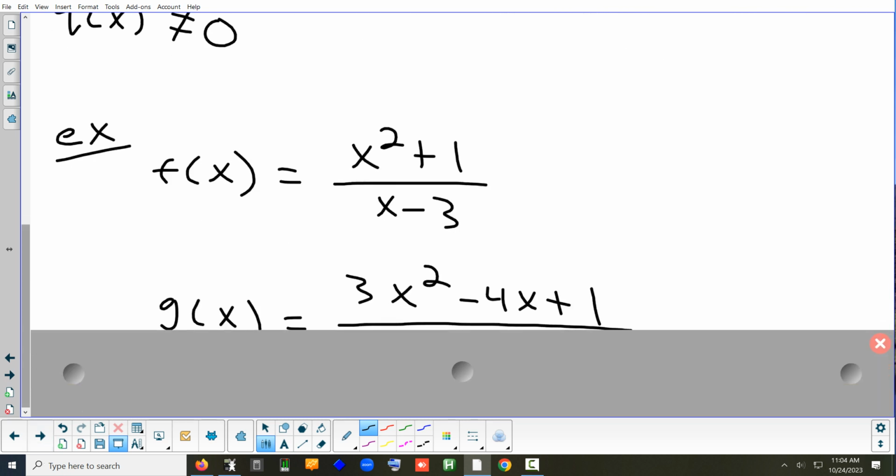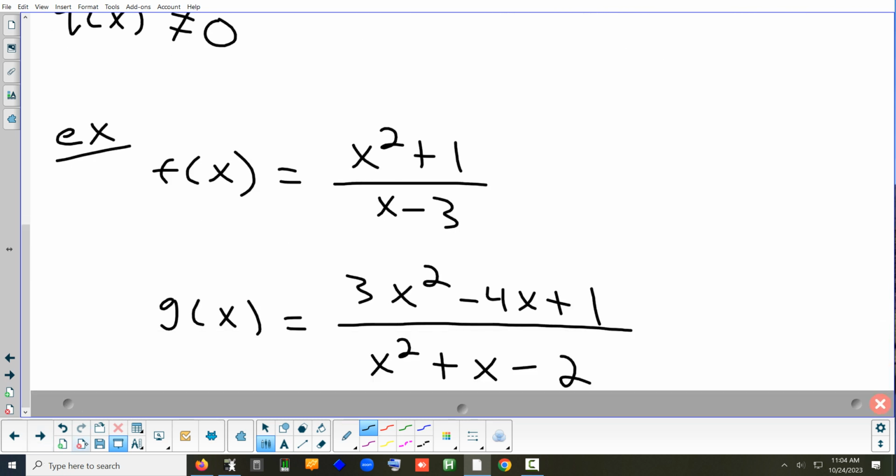Okay, here's a couple more examples. Not doing anything special with them, but those are rational functions. How you end up graphing them really depends on the degree. If the degree in the top is bigger than the degree in the bottom, we're going to learn how to do something.